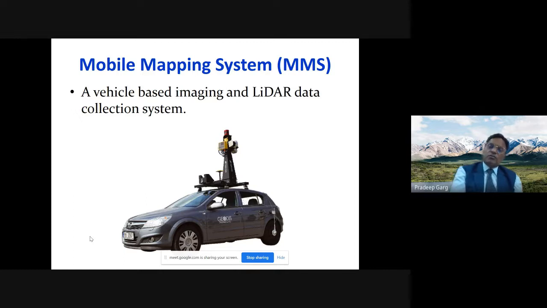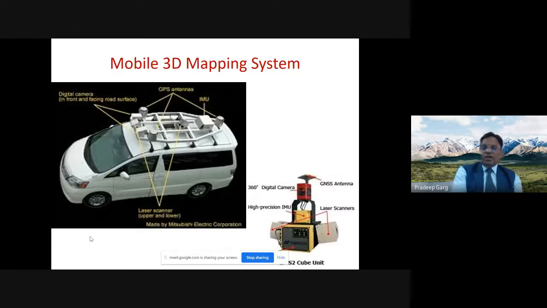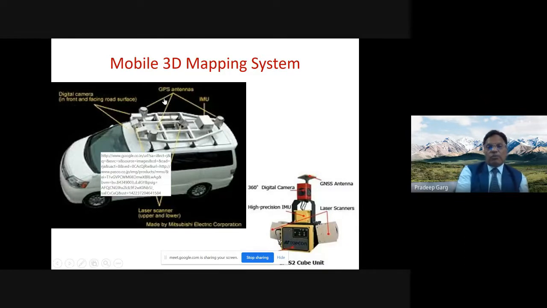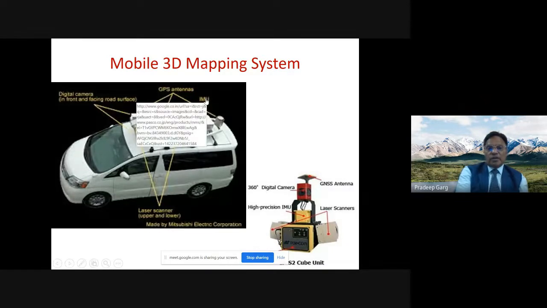So you are not physically shifting the instrument from one place to another in order to collect the data, but using the mobile vehicle, you are collecting the whole data. So you can see on the top rooftop, this is the IMU, this is the GPS antenna, then we have the digital camera, then we have the laser scanners.